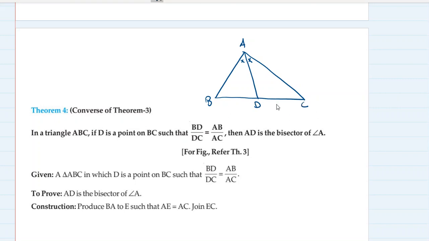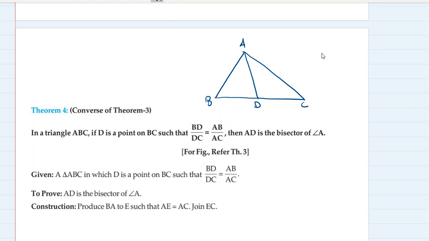And we have been given that BD upon DC is equal to AB upon AC. We have to prove that AD is the angle bisector. I'm sorry, it is not the angle bisector, but we have to prove it. So we have to prove that AD is the angle bisector, or angle BAD is equal to angle CAD. That's what we need to prove.